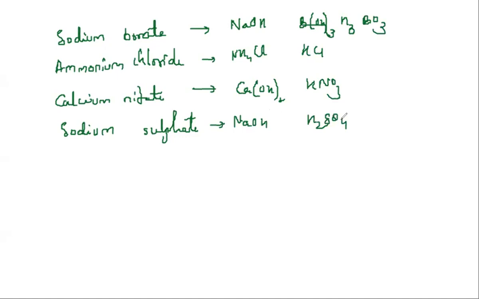If you observe all the compounds, sodium borate is a salt from a strong base and weak acid. Ammonium chloride is formed from ammonium hydroxide, a weak base, and a strong acid. Strong base and strong acid give neutral salts.